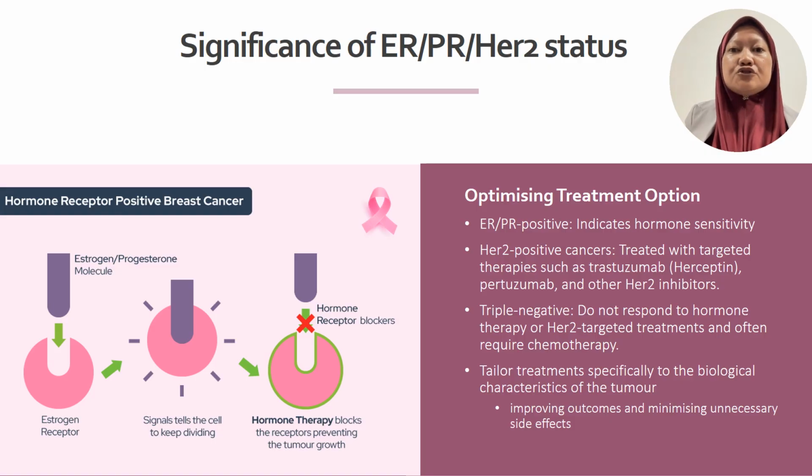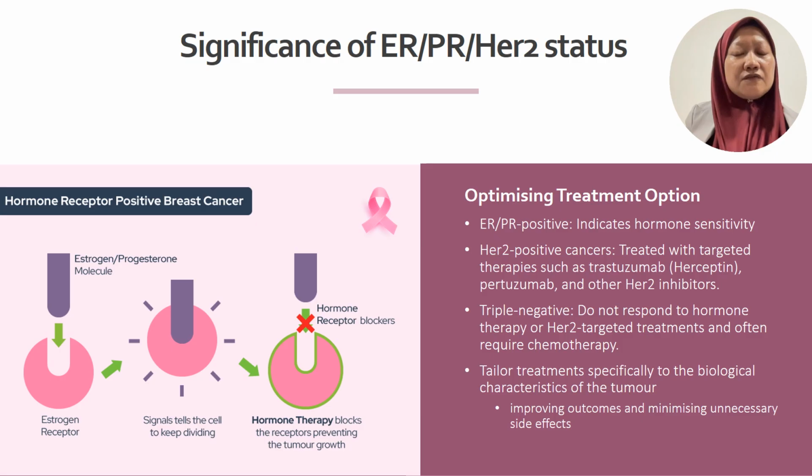It allows us to tailor therapies to the specific biological characteristics of the cancer. For example, on your left-hand side, it shows how ER/PR positive cancers are hormone sensitive, which means that they can be effectively treated with hormone therapies that block the receptors, preventing tumor growth.